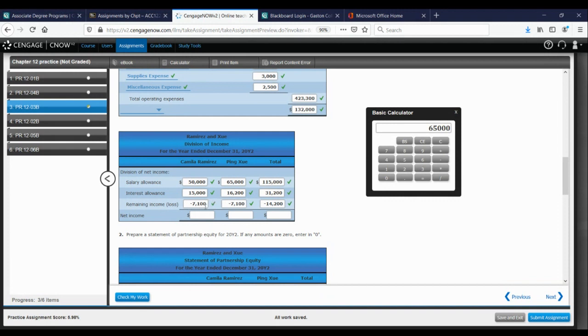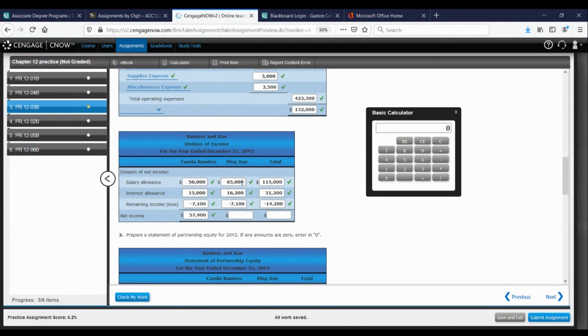Because it's a negative here, we got to subtract it. And that's going to leave us with the net income that Ramirez would be getting for this period of time. And again, we just combined this column together to get the 57,900.